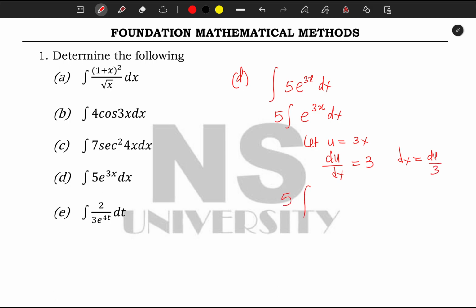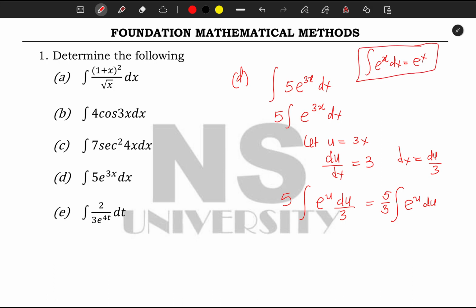As we substitute there, we have e to the power u, then dx with du over 3. Just take the 1 over 3 out. You get 5 over 3, the integral of e to the power u du. Take note, the integral of e to the power x dx is just e to the power x itself.